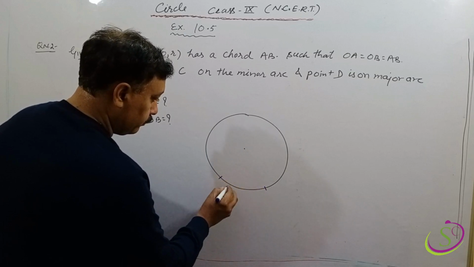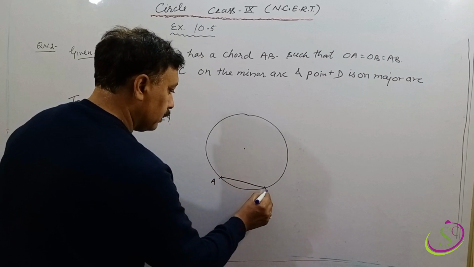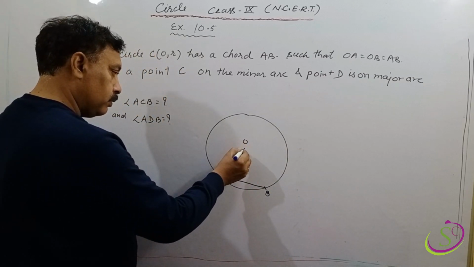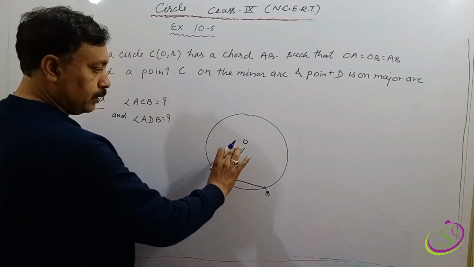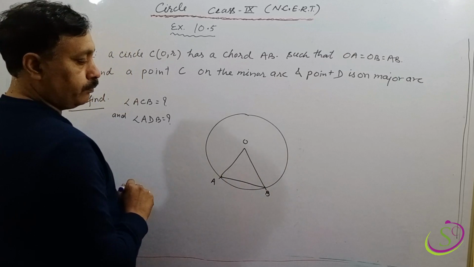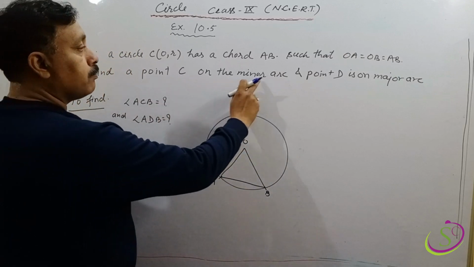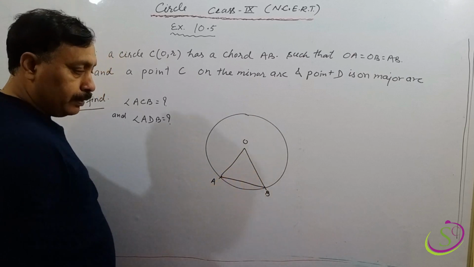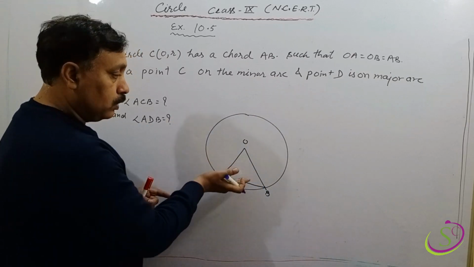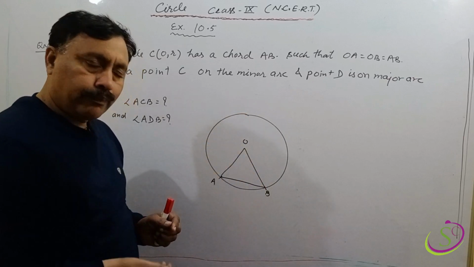This AB is a chord, and the length of this chord is equal to the length of the radius. Okay, and OB. So one point C is on the minor arc. This chord AB divides the circle into two parts, one above the chord AB and one below AB.